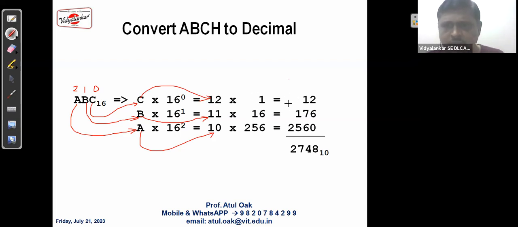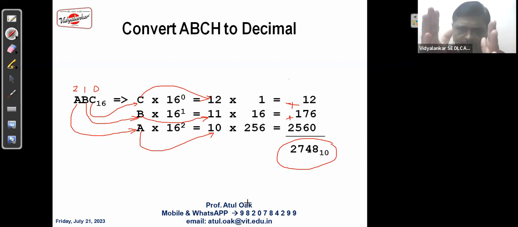Take the partial products and add them all. The final decimal value is 2748. Simple addition, you can easily verify because I have aligned it properly. So ABC hex is equal to 2748 decimal. That completes converting hexadecimal to decimal.